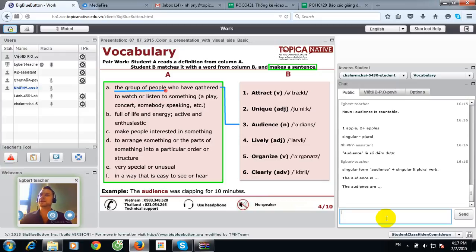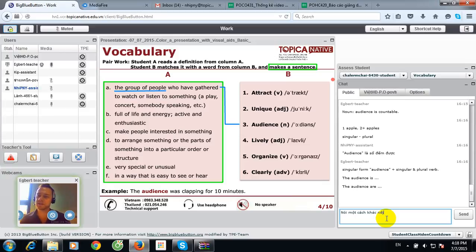But the noun itself is used as singular here because there's only one group of people. So if you focus on that one group, use singular. When you talk about the people in the group, then you can use plural verb. Yes? Yes. Okay, very good.